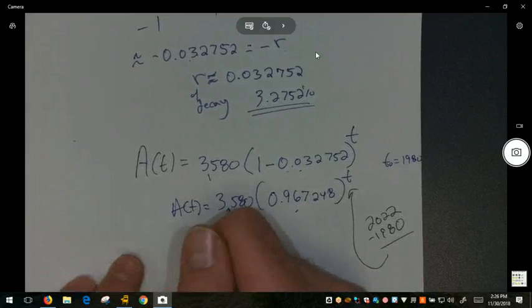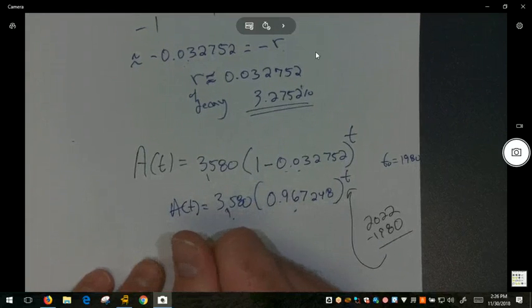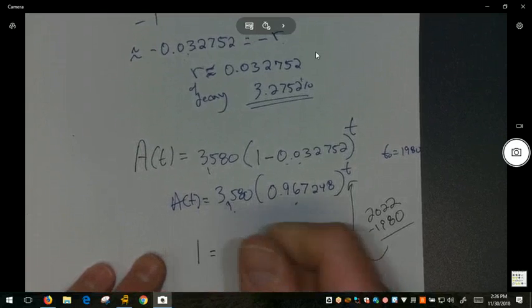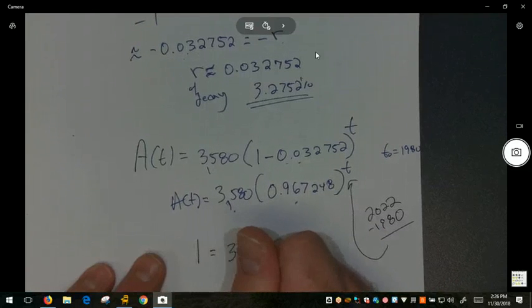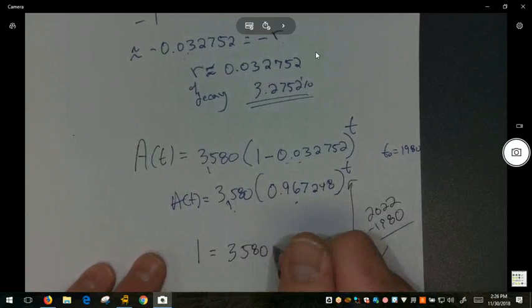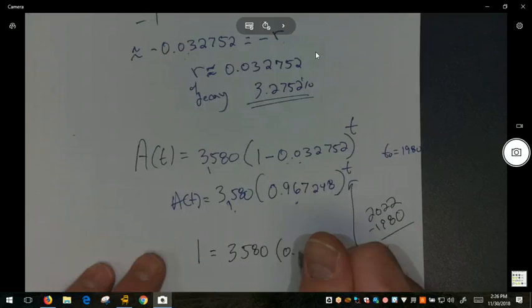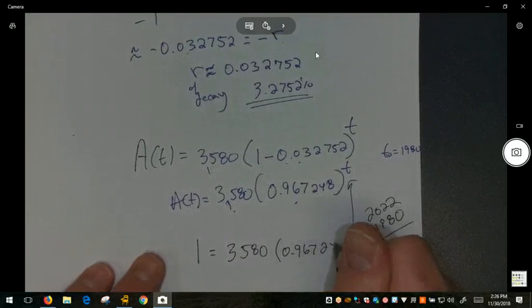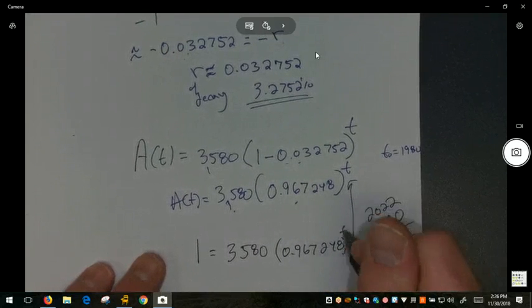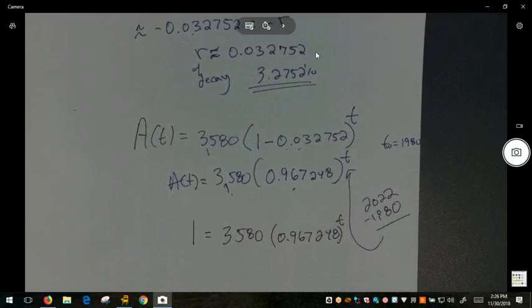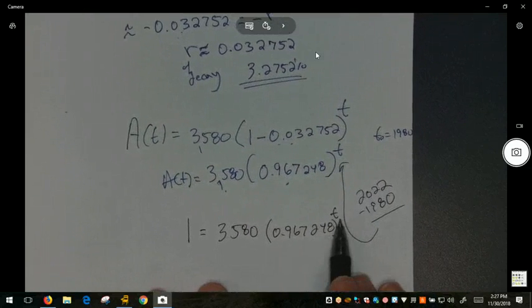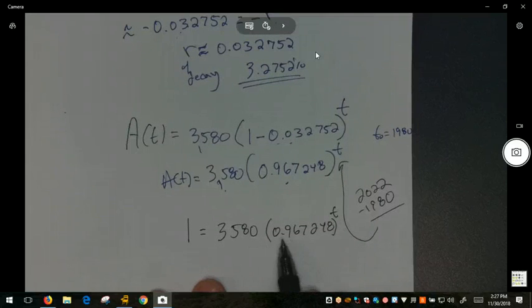Or you could say, when will the unicorns become extinct? So you'd want to find out, when is there going to be one unicorn left? And then any time after that, the next year, that unicorn will be gone if this model continued. So you could solve this equation for t by dividing by 3580 and using a logarithm of this base.